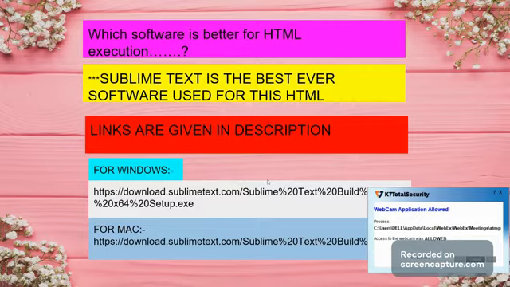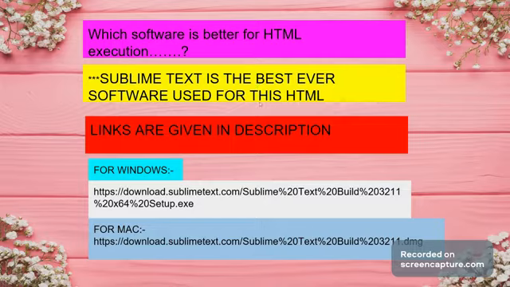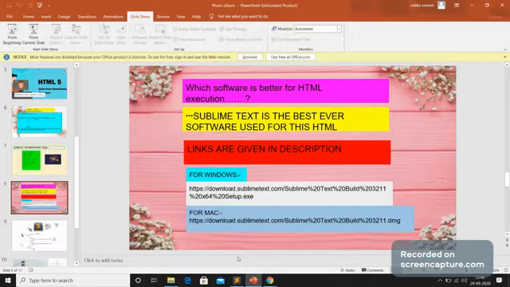Sublime Text is the best software used for HTML. Here I will show you how to download and install the Sublime Text software. I am sharing the download links for Windows and also iOS in the description. Now see how I am downloading Sublime Text.